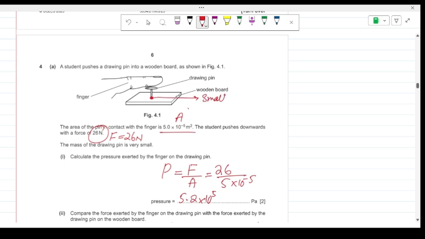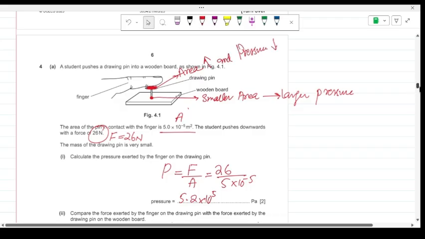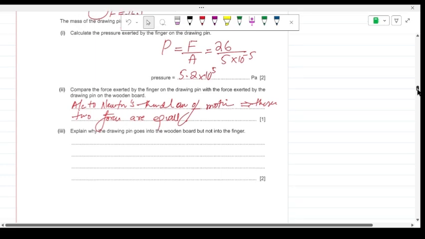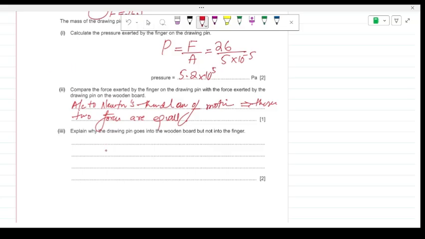At the upper surface of the pen there is a larger area, so the pressure will be smaller. So the pressure is greater at the bottom, and smaller at the top, at the head of the drawing pen.